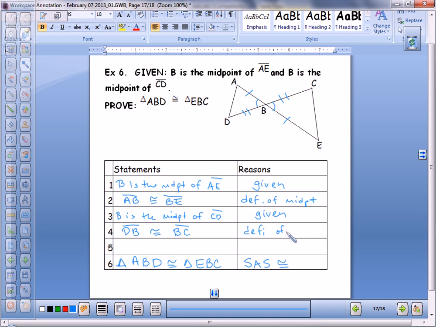Okay, so I took care of those ticks. Now I got to deal with the angles. So angle ABD is congruent to angle EBC. Why? Good. Vertical angles are congruent.